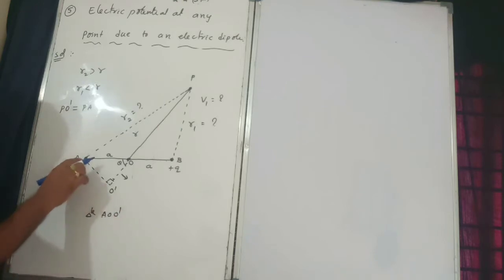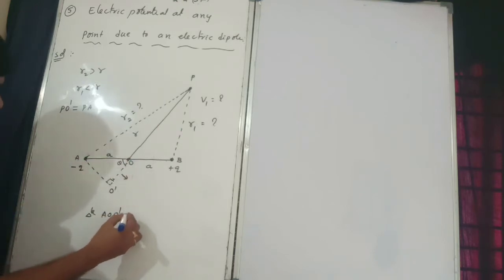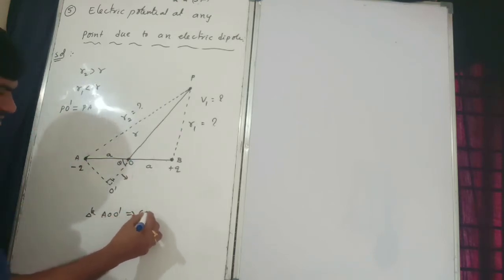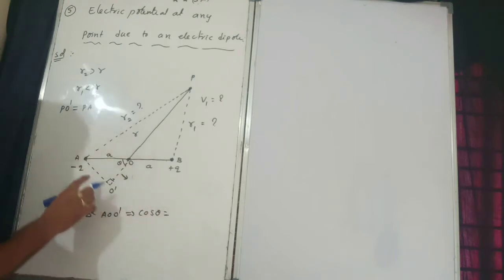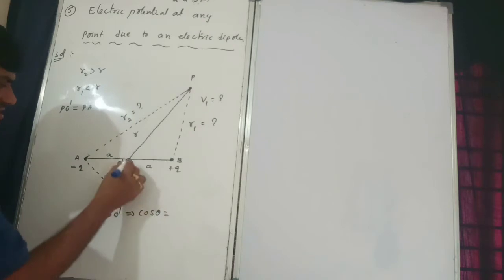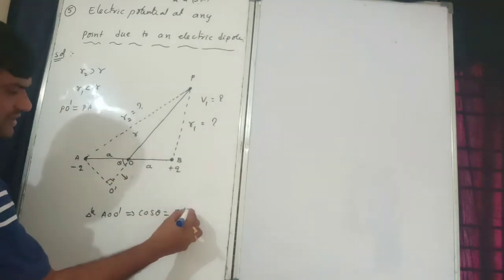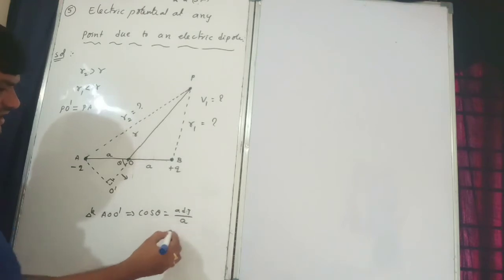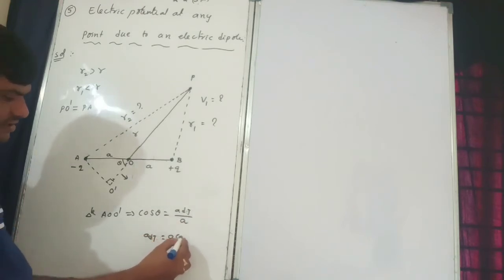AO dash. So now cos theta we will consider. Cos theta is equal to adjacent side by hypotenuse. Adjacent side, this one. Hypotenuse is A. Therefore adjacent side is how much will come? A cos theta.